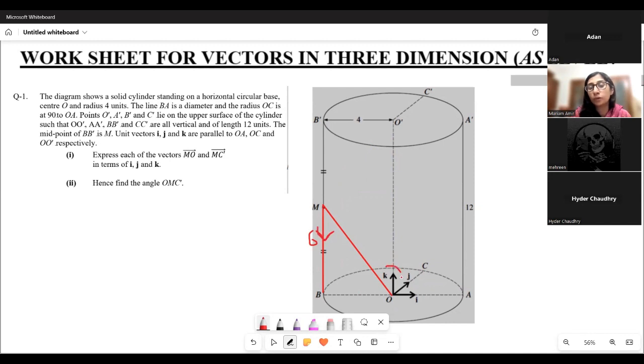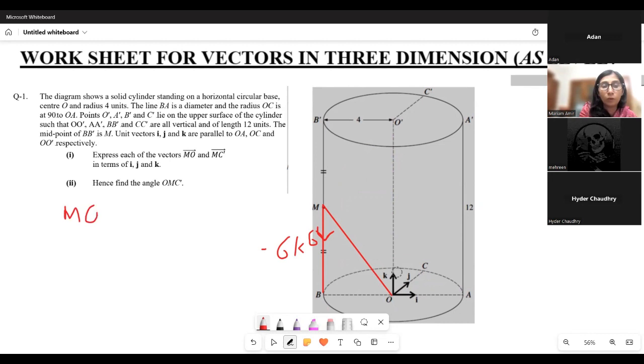This is opposite to K. So this is a movement of 6 units downwards, so it's going to be minus 6K. To go from M to O, we're going 6 units downwards.